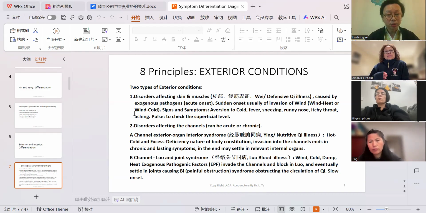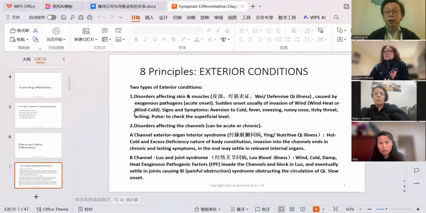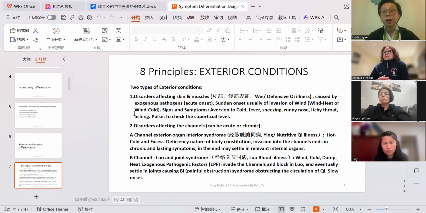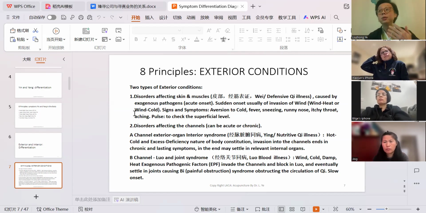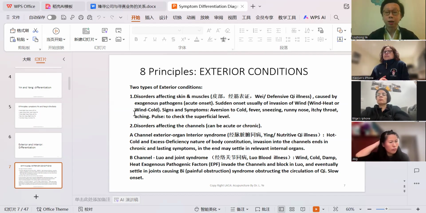And so that was the exterior condition, which is slightly different from the organ association or pathology viewpoint for understanding the condition. When you fall into the meridian system, it will be more in this way.